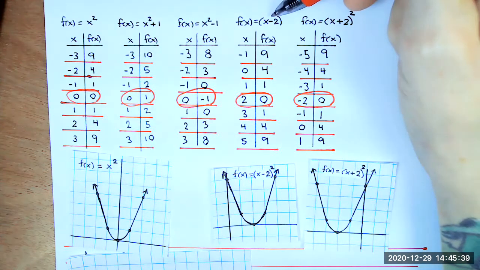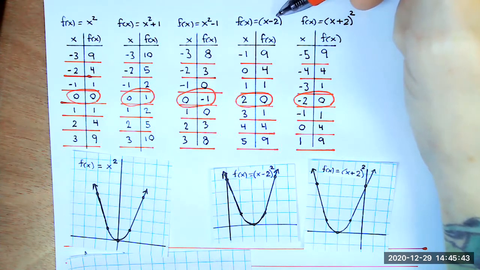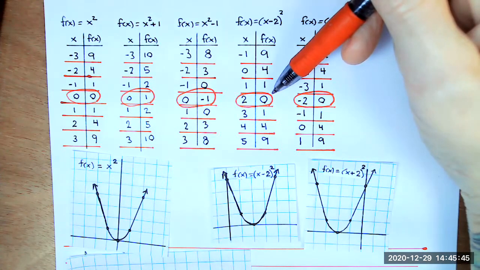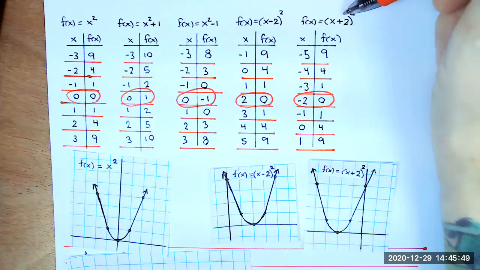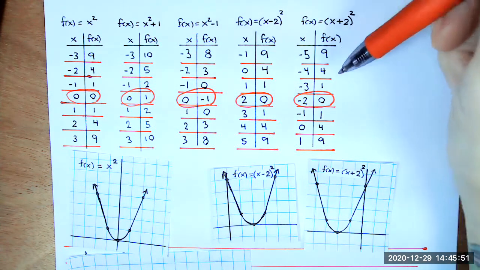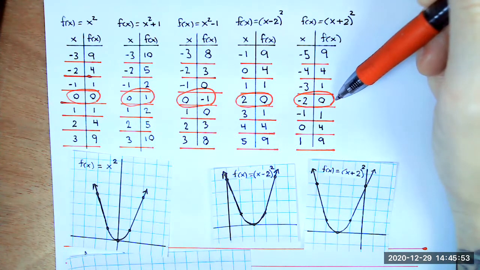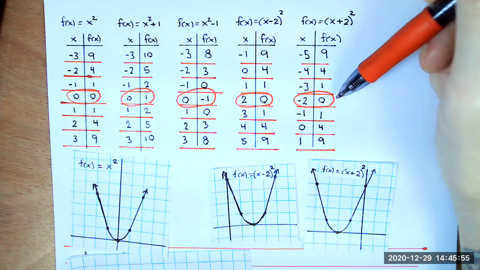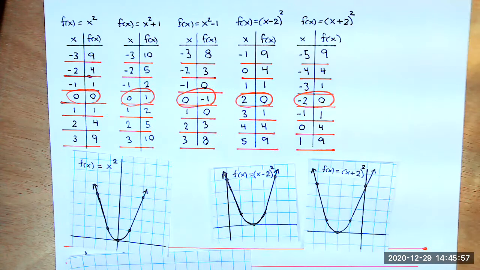It does the opposite of what you might think. When you subtract 2 on the inside, it shifts it to the right 2 places. And when you add 2 to the inside, it shifts it to the left 2 places. Let me write those down.